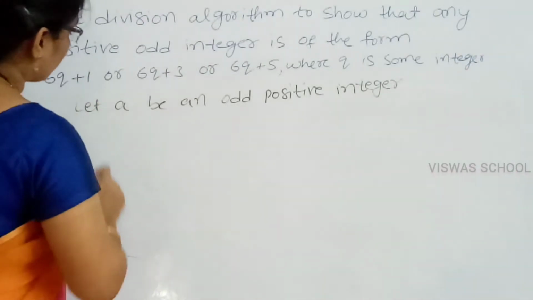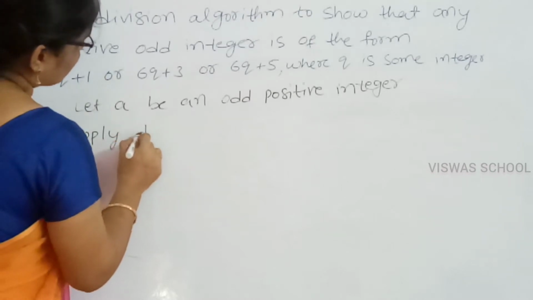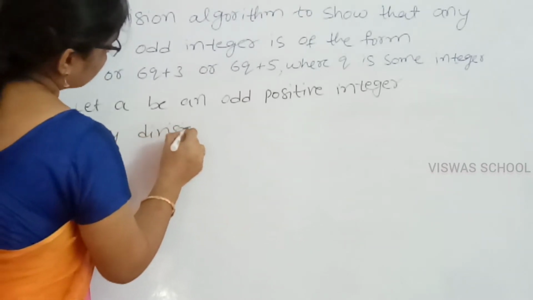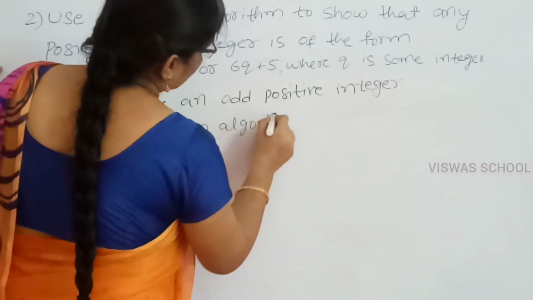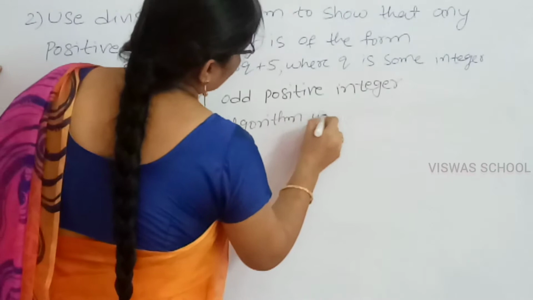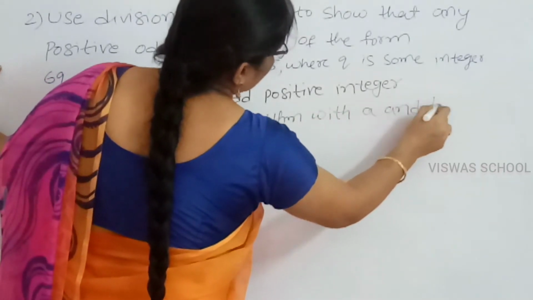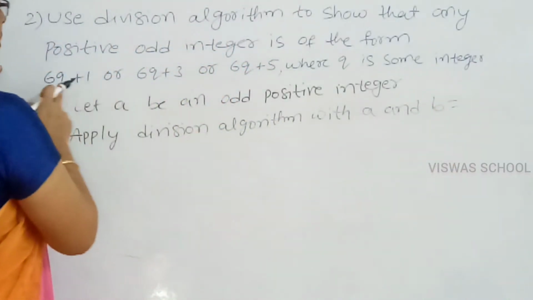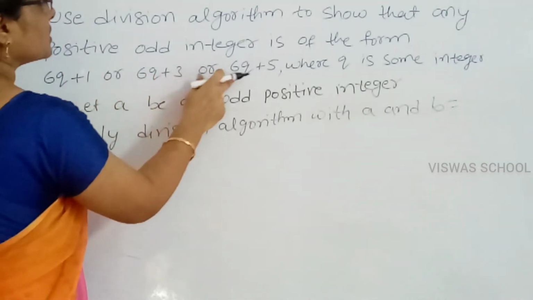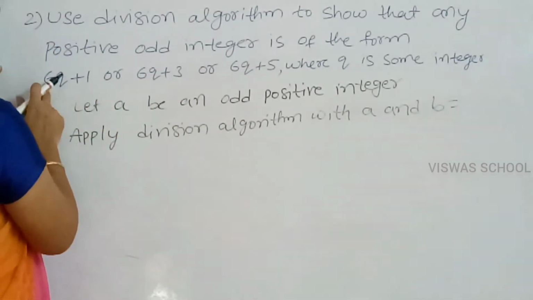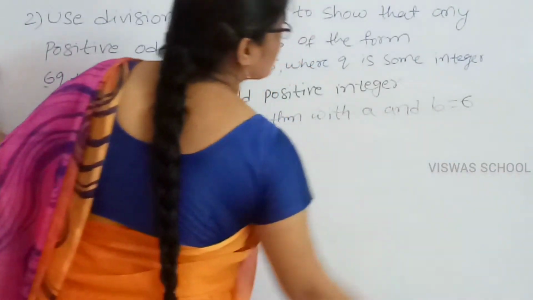By using this a, we have to apply the division algorithm with a and b. And b value is what here? Here odd integer is of the form 6q plus 1, 6q plus 3, 6q plus 5. That's why here we are taking this 6 as b. b equals 6.